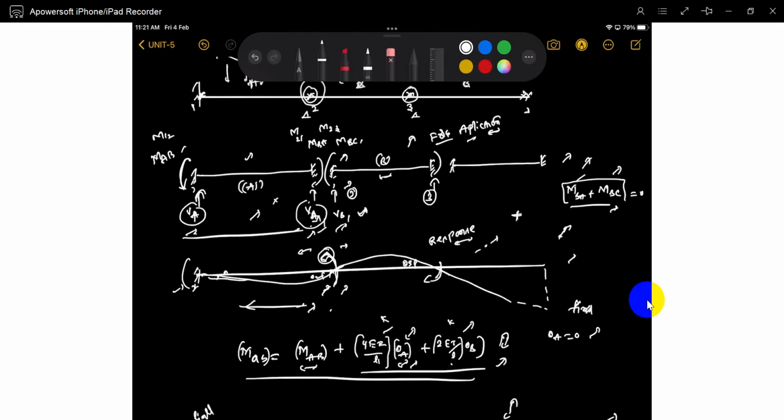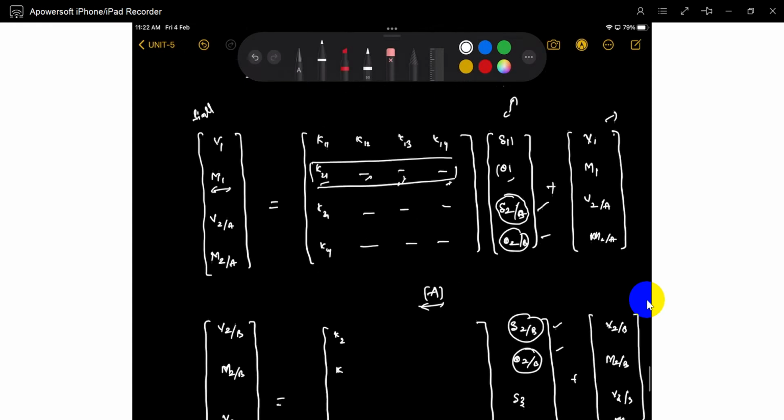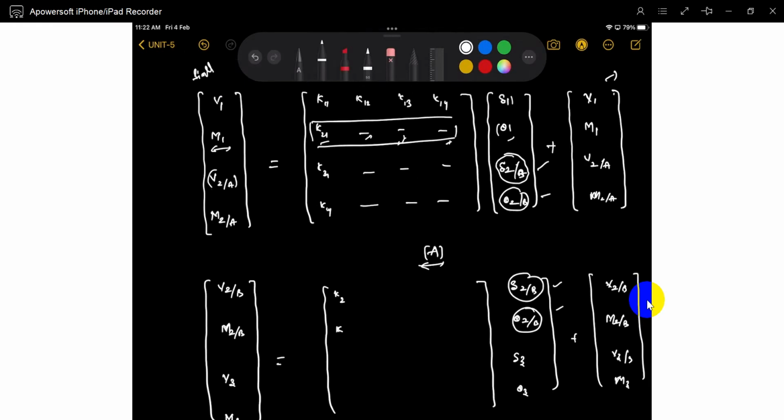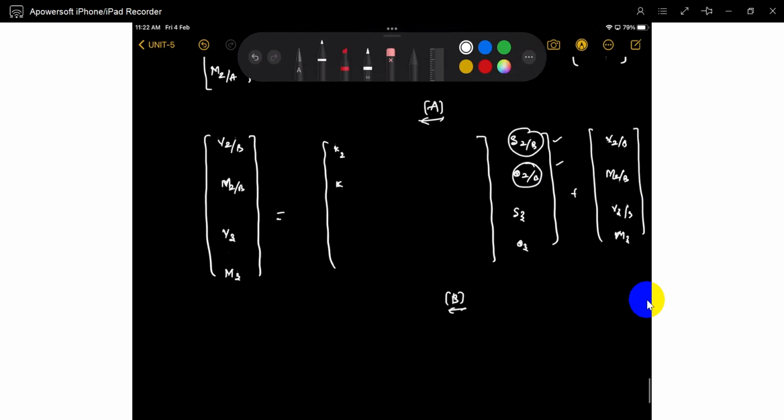Just add this because the connectivity is at B. You have to add final MBA and MBC. The reaction is VA and you have to add it for the joint. Joint is connectivity.